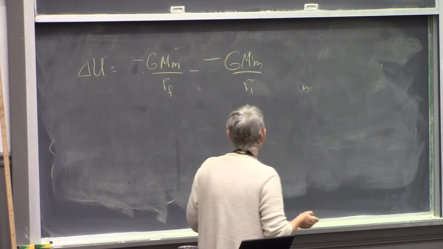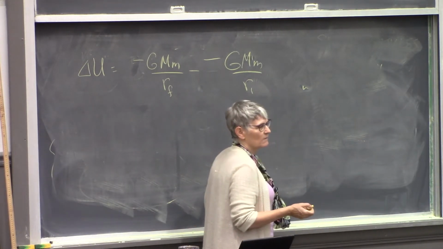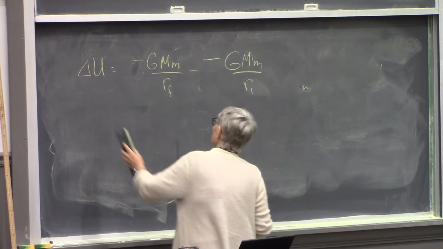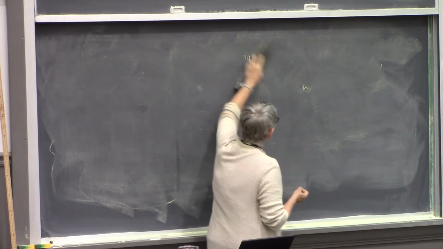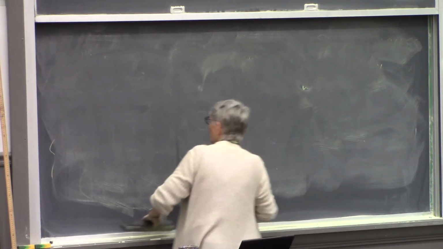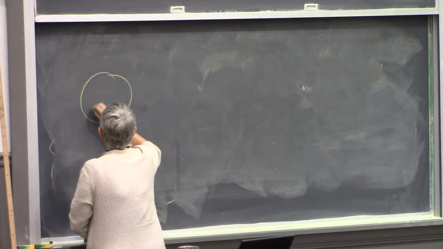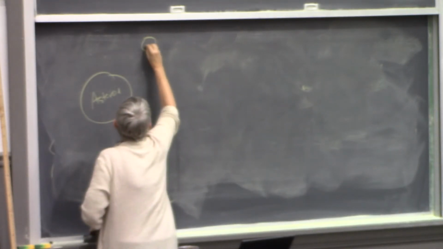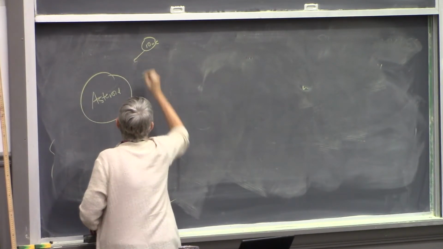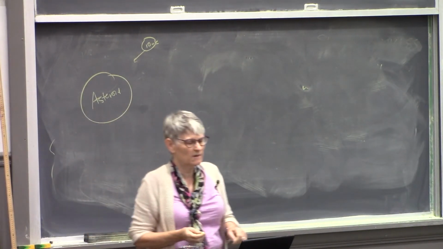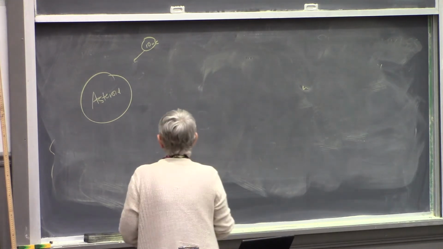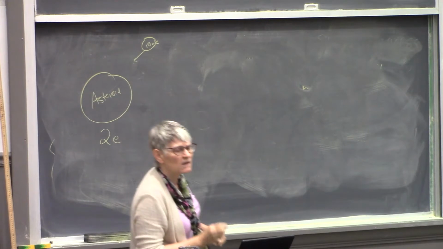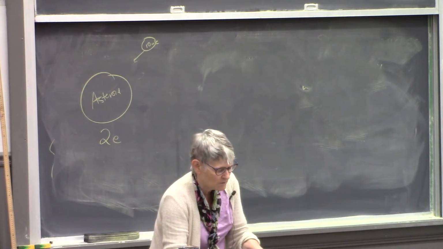So let's quickly apply this to solve a problem and see how this works out. So we have an asteroid and a rock, and the rock is falling toward the asteroid. The mass of the asteroid is 2 times 10 to the 16th kilograms.